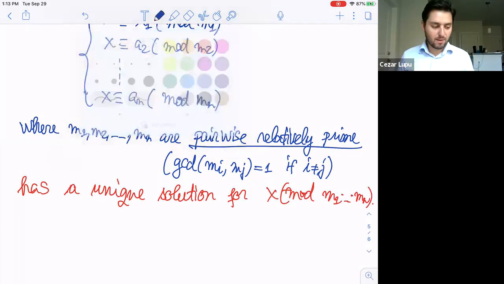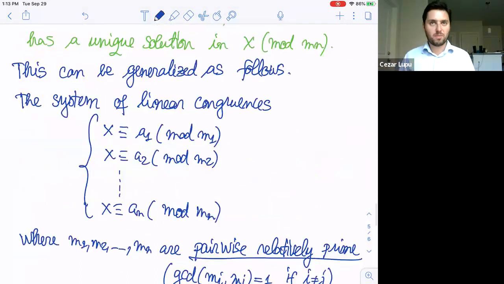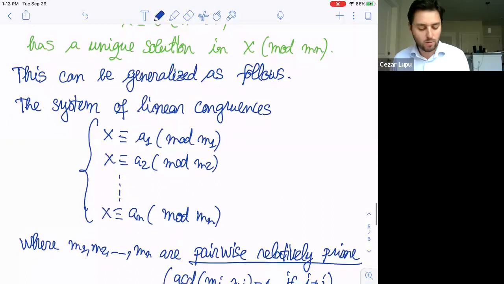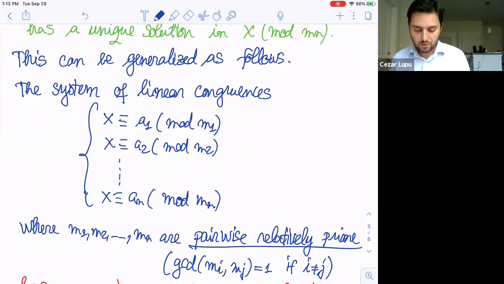This is kind of everything in a nutshell, but you will see some applications and you will understand how these things operate. Especially, I will give you an application of the Chinese remainder theorem. Hopefully we'll have time for that, because I would like to start with some easier problems.